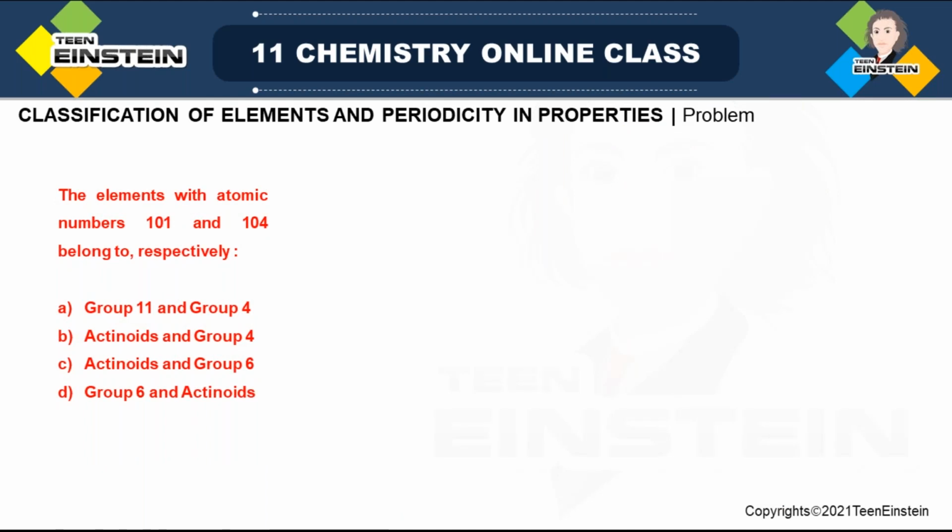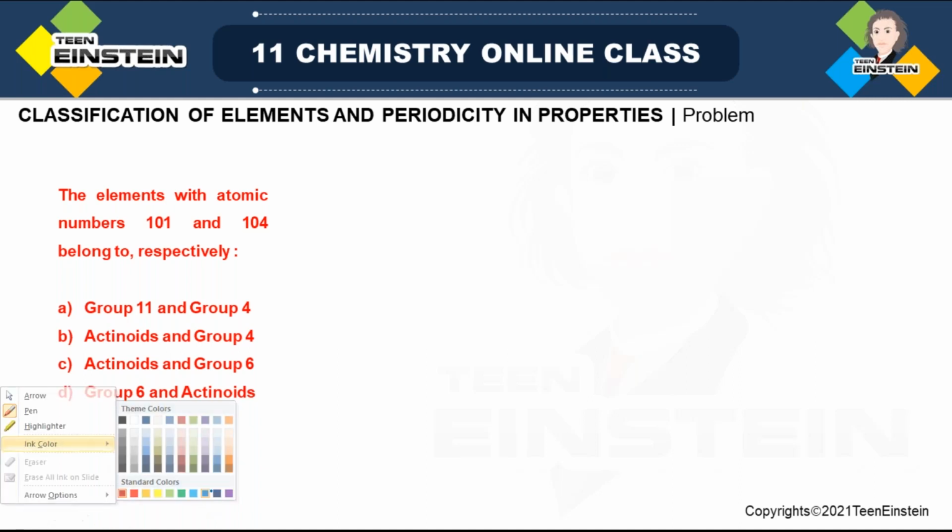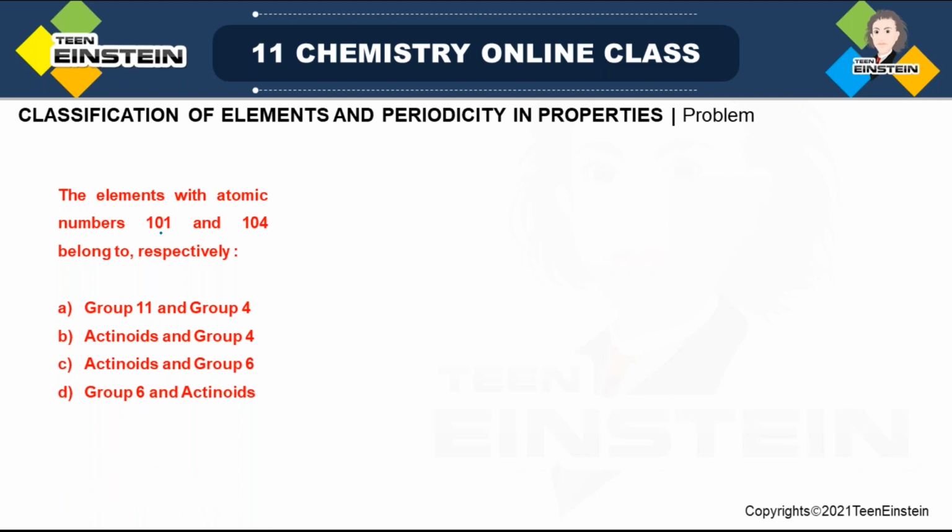Now we will discuss this question based on whatever we have discussed until now. The elements with atomic numbers, one is 101, another one is 104. These two atomic numbers are given, and you have to find which they belong to, respectively. Look at the options.